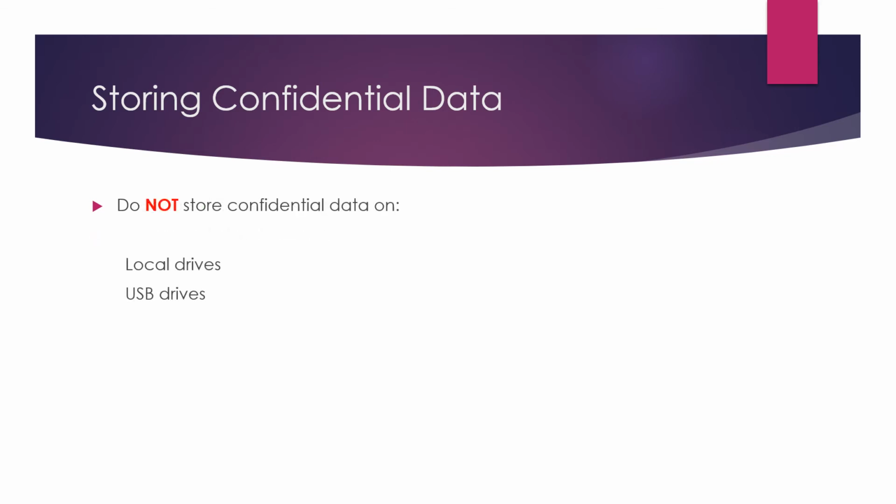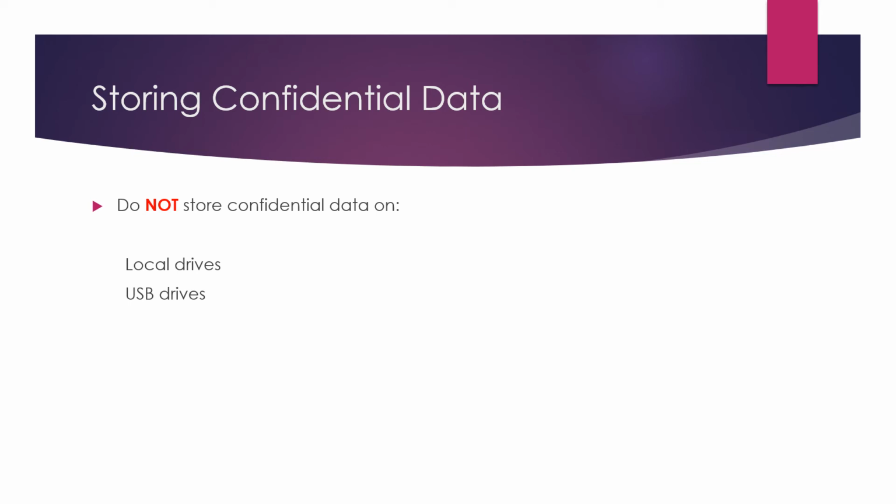Finally, many AUPs have a stringent requirement prohibiting the storage of confidential information on local hard drives, that is on, say, the user's laptops or desktop computers or other devices, and certainly not on flash drives or other portable USB drives.